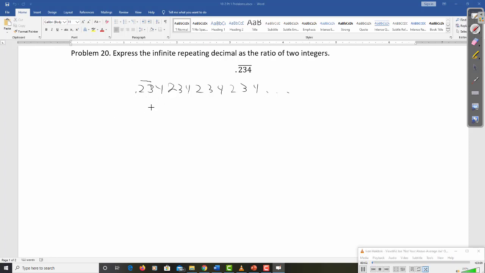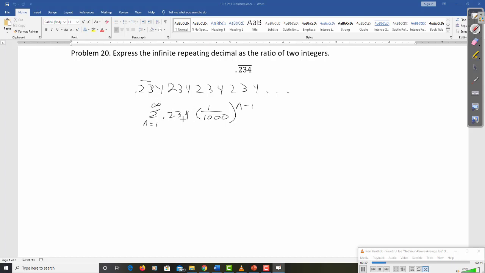Well, it's a very simple operation, because we can express this as a series. This is 0.234, right? And then there are 3 digits, so move the decimal place 3 digits to the right each time: 1/1000th to the n minus 1, n equals 1 to infinity.